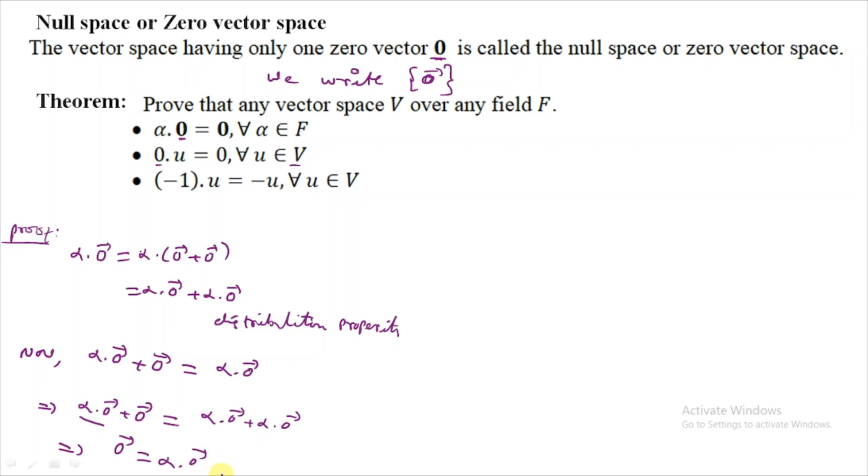Therefore alpha dot 0 vector equals 0 vector. This is the first one.